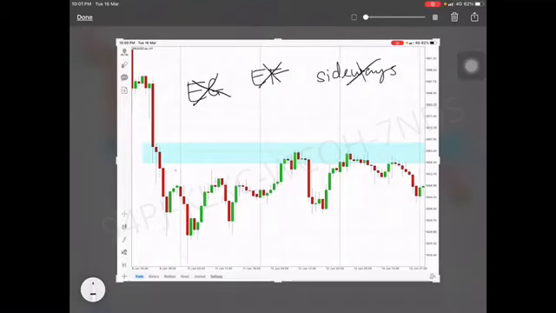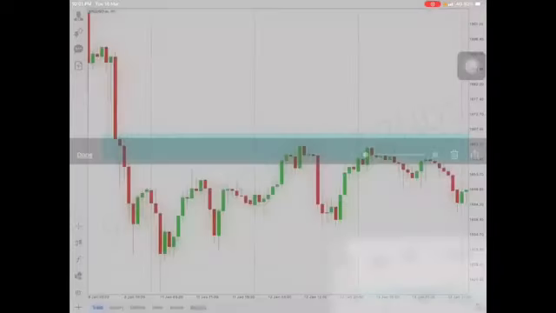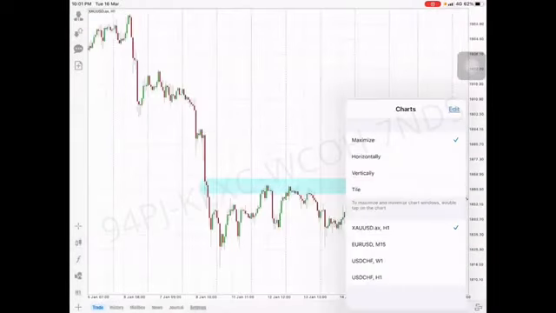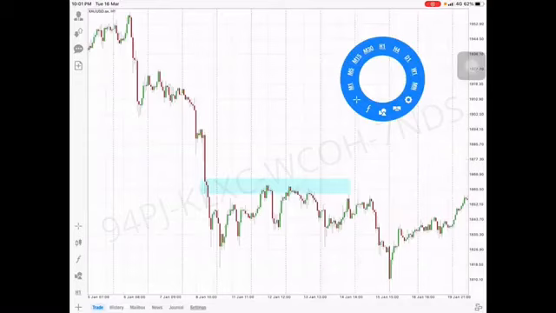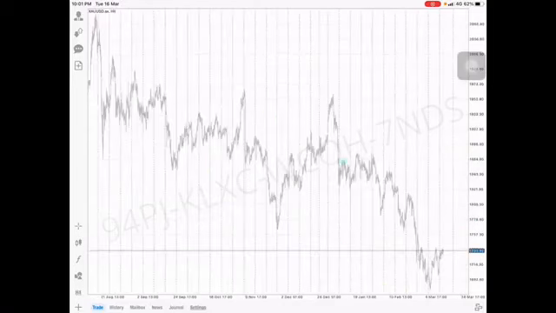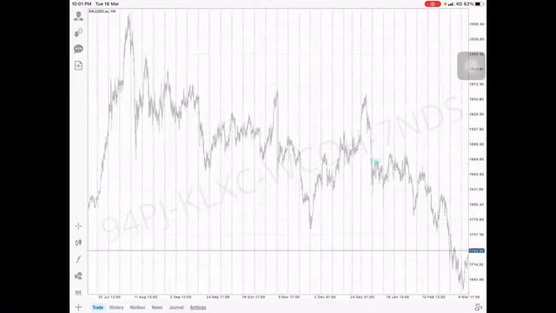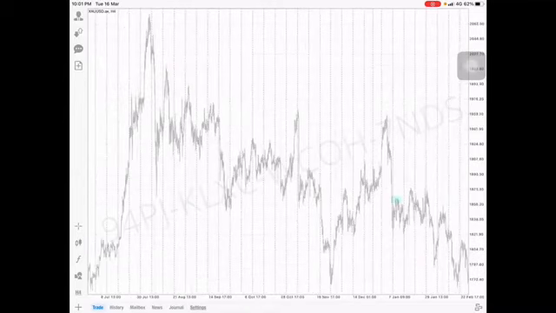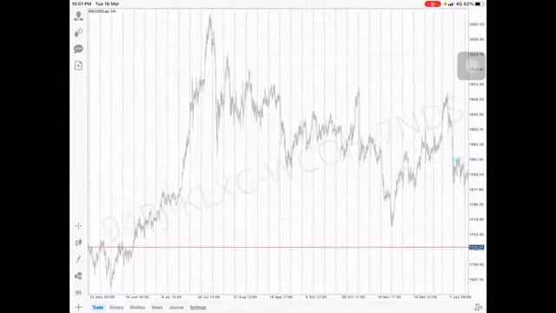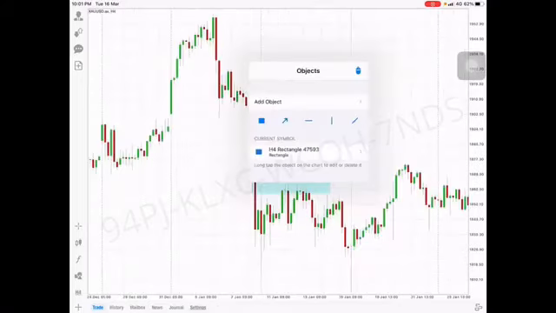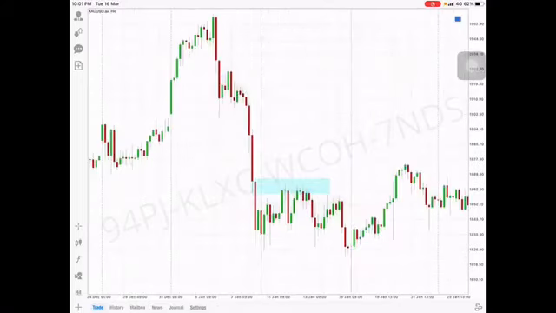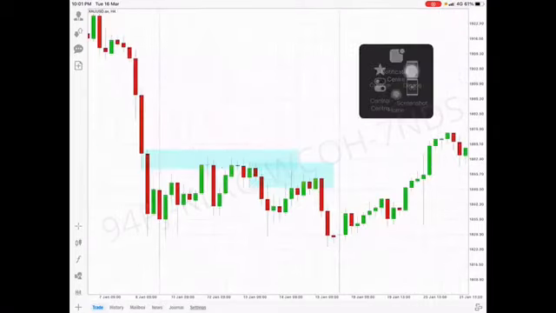No. So you cannot enter at this place, because you can use this when it gives you another setup, which is when it gives you an engulfing sell right there. So this is not your zone. This is the zone.